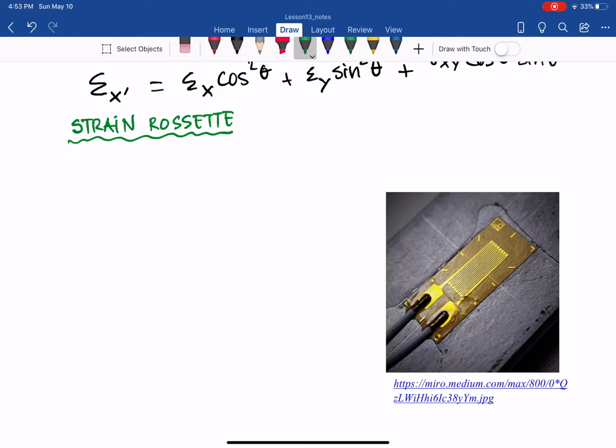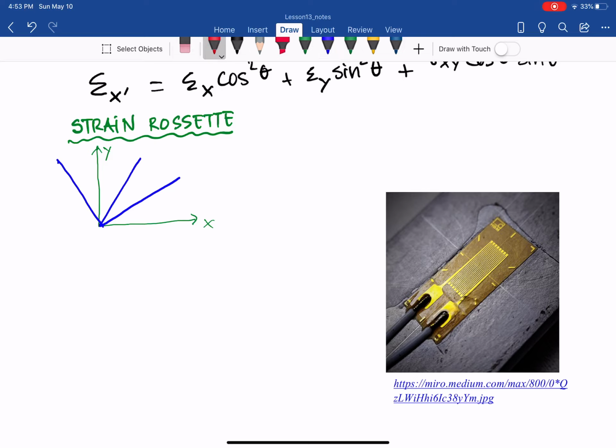So in a rosette, we still have X and Y, the axes or plane that we are interested in, and we apply three strain gauges in three different directions.